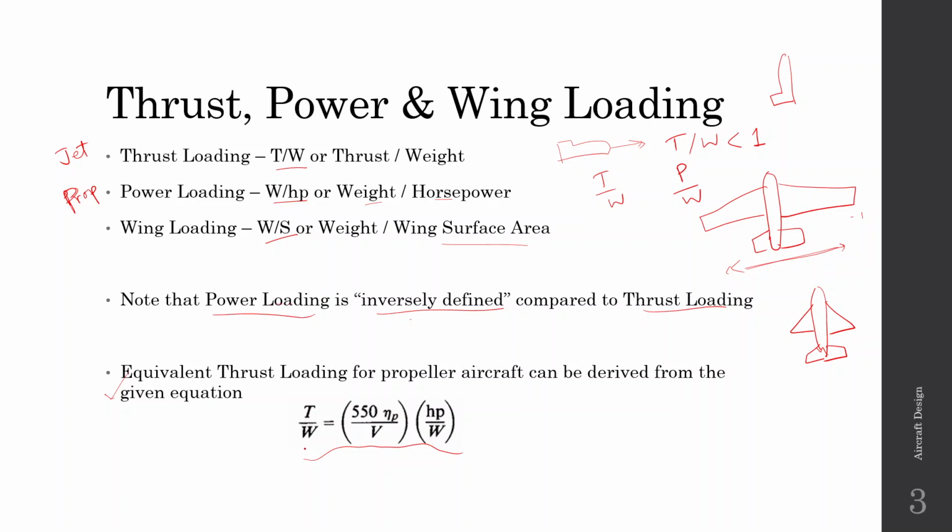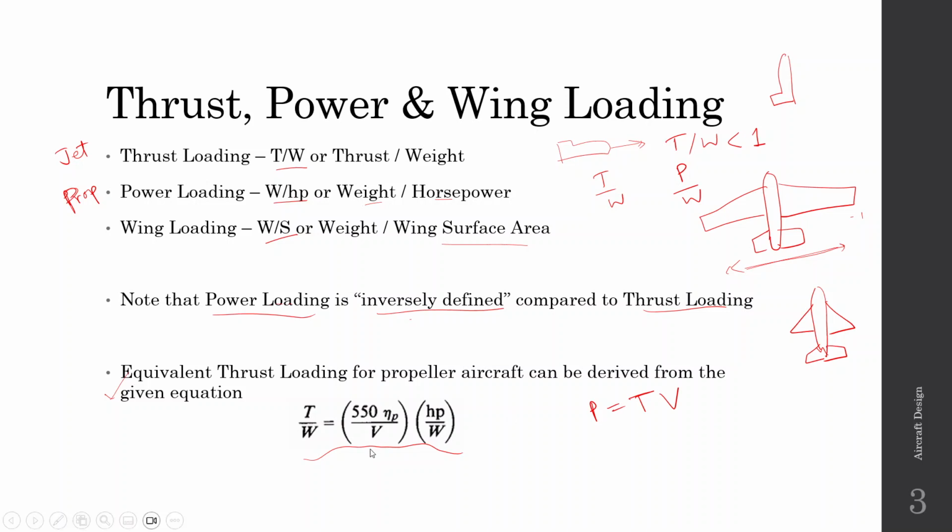What you do is multiply it by 550 into eta p. Eta p is the propeller efficiency, and v is the velocity you are considering. You know that the power is dependent on the velocity of flight. Power is equal to thrust into velocity.